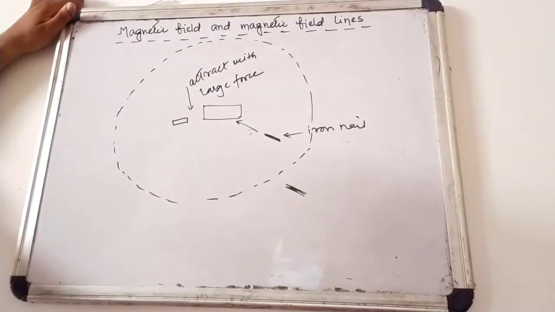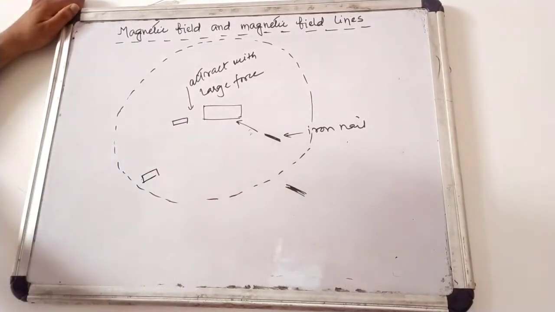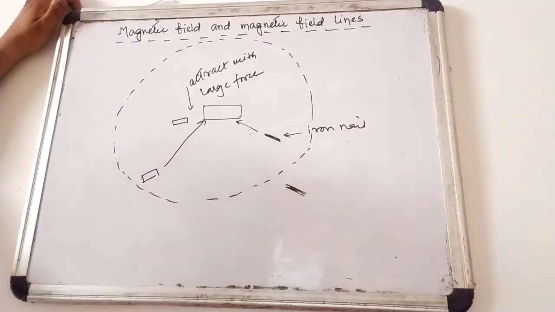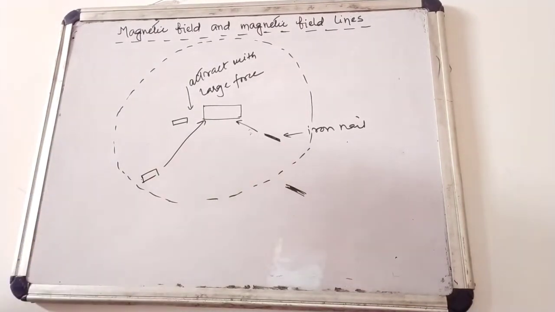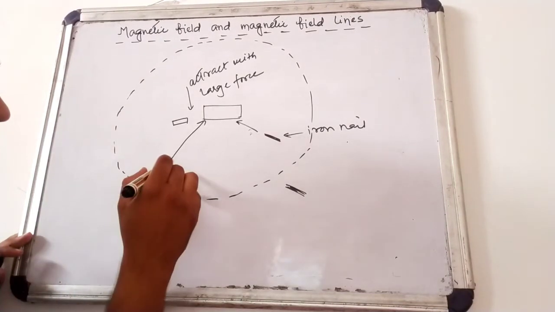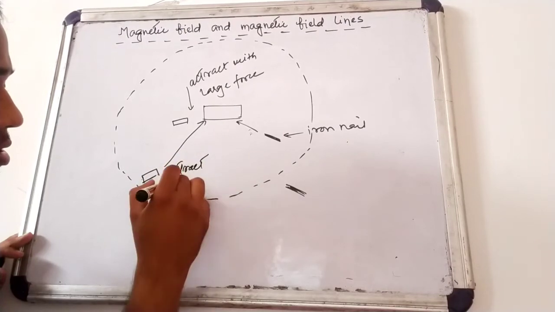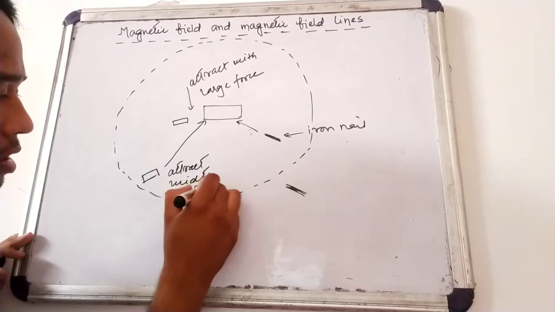Now if we place this small iron piece at a larger distance, in this case also the magnet will attract this iron piece, but with less force. Here the attractional force will be less.